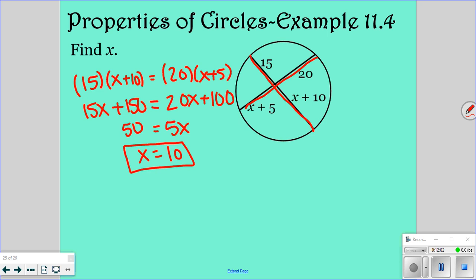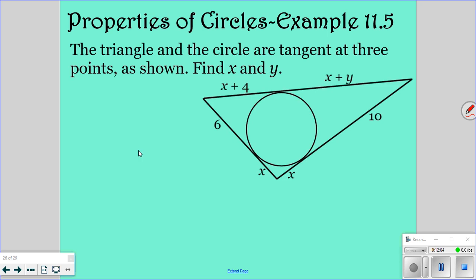We're going to look at another example. We have some tangent lines, and we want to find the value of x and y. If this segment here is 6, that means that this segment is also equal to 6. So x plus 4 has to equal 6, because they are both tangents and they intersect outside of our circle.